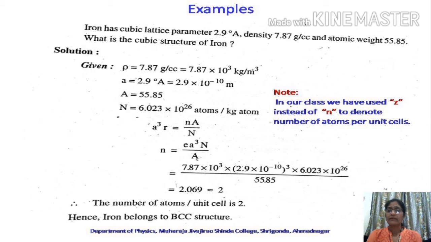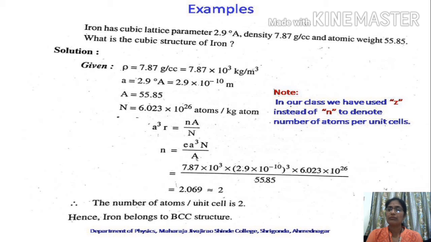So the formula for Z becomes Z is equal to rho into a cube into capital N upon A. Rho into a cube, a cube means volume, and N, Avogadro's constant, divided by A, molecular weight.